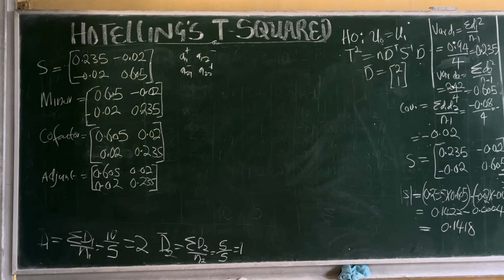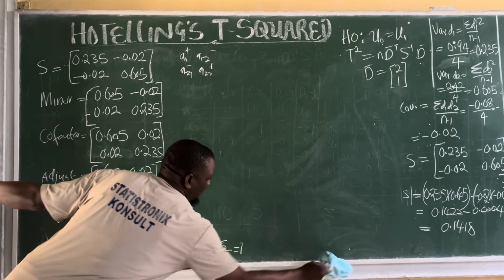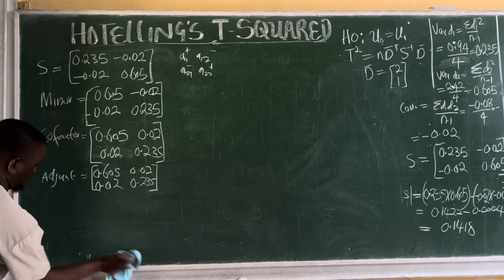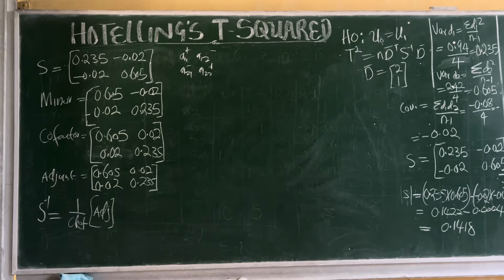So now our inverse, we'll say S inverse will be equal to 1 over the determinant times the adjoint. That's the formula for inverse.